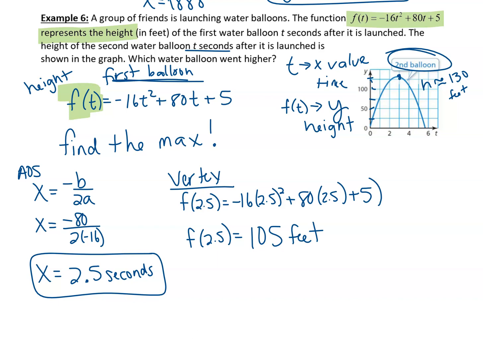And then we plug that into our equation, and we found that the maximum height of our first water balloon was 105. If the question is which one went higher, the second water balloon went 130 feet. This one went 105 feet. So we're going to say the second water balloon went 25 feet higher.